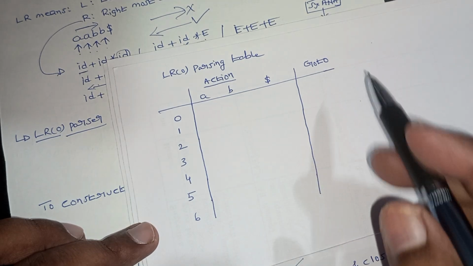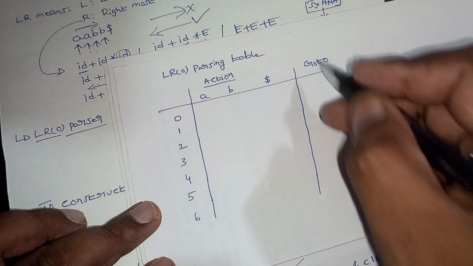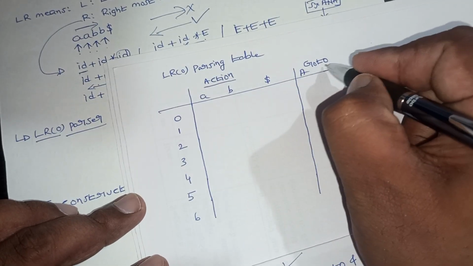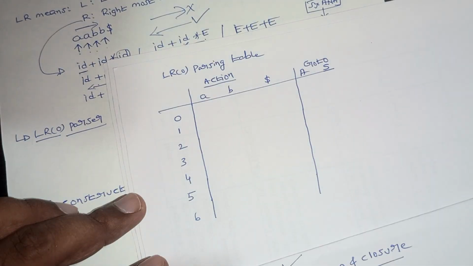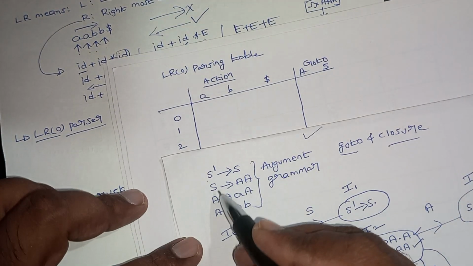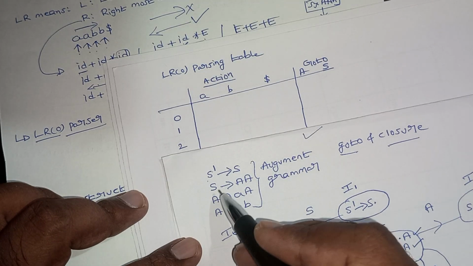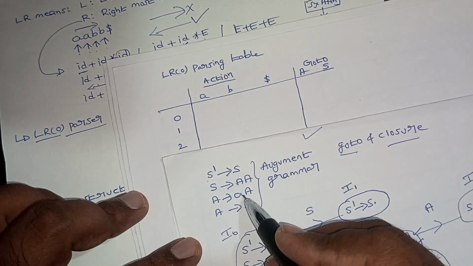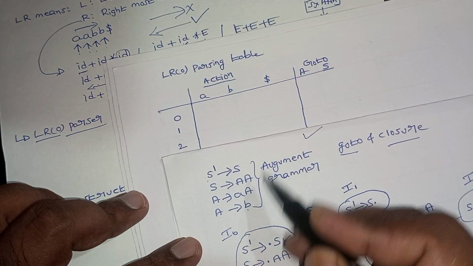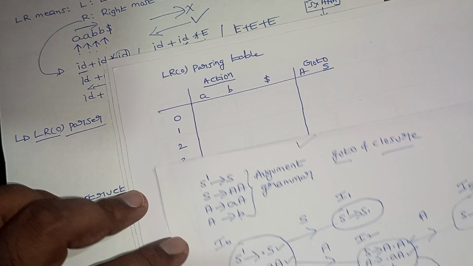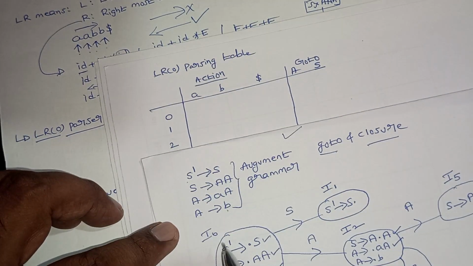In the goto you write variables. So A and S. What are A and S? They are the variables in the grammar. Then a, b, dollar. So a is a terminal, b is a terminal, and you have to add a dollar. Now how to fill I0?